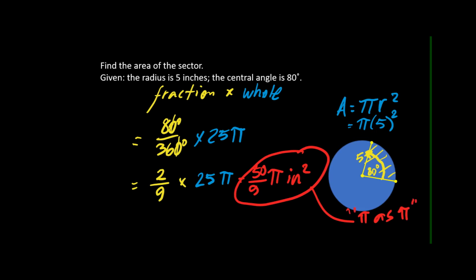It's an exact answer. Sometimes we want a decimal approximation, though, and so we will use 3.14 as pi. You'll see those in your quiz questions. And in that case, we're going to take 50 times 3.14, get 157, divide that by 9, and get an answer.